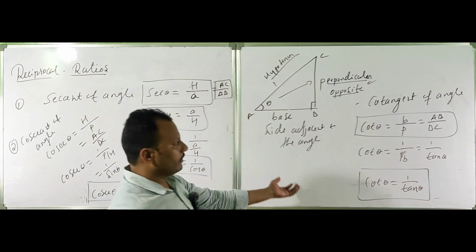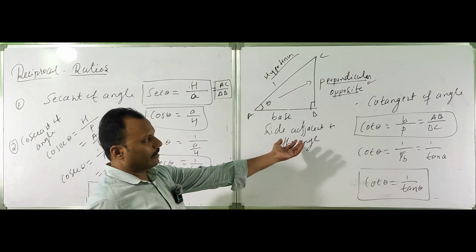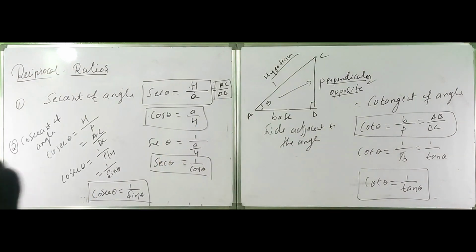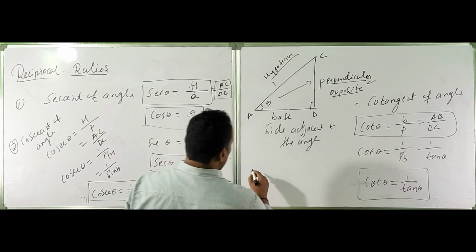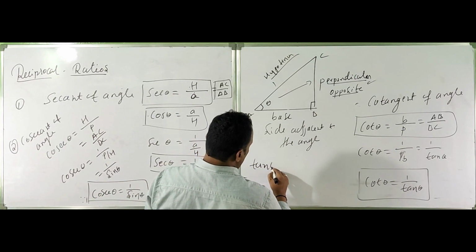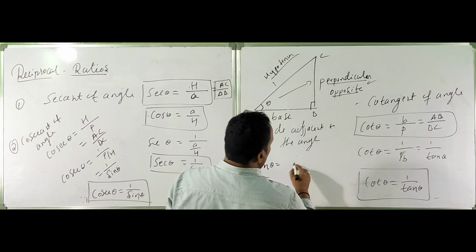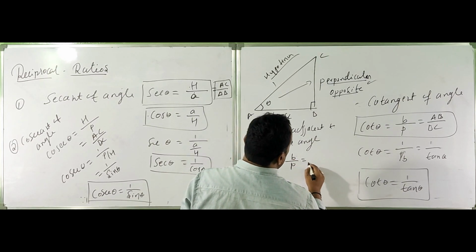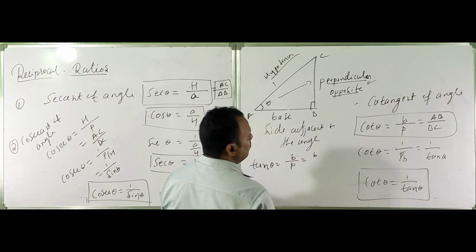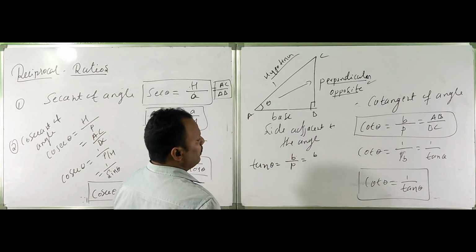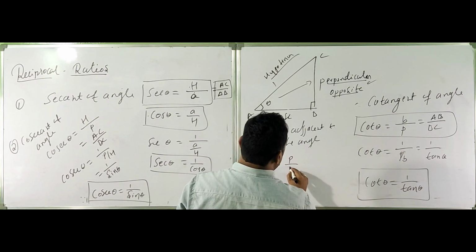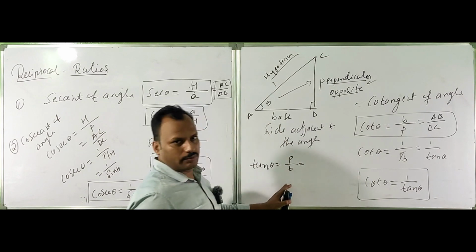So here I have to define again: tan theta is P by B, perpendicular by base.